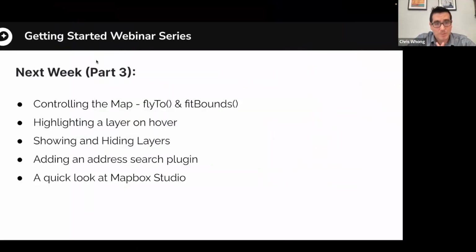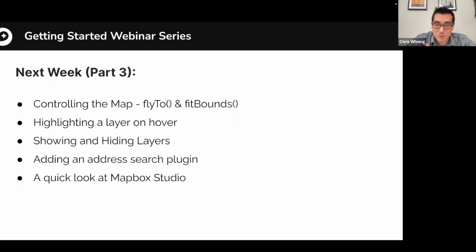So sorry, next week, we're going to cover a little bit of interactivity. We're going to do flyTo and fitBounds so we can animate the map to move to a different location. We're going to look into how to highlight a layer on hover. So it's a little more customization with styles, but we want a highlight layer that will only show up when the user is hovering over a certain other part of the map. We're going to show how to show and hide layers. So lots of other things where we can add interactivity where the user is interacting with something outside of the map, but you can control the map with that using JavaScript.